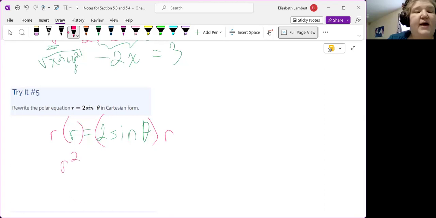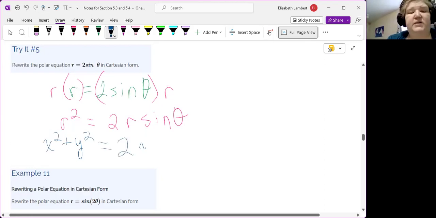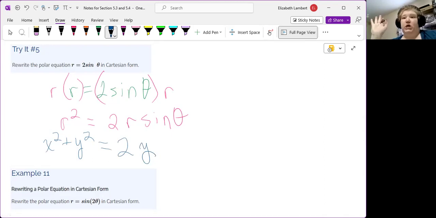So now I have r squared equals 2r sine theta. And now those look a little more familiar. R squared, that is x squared plus y squared. And over here, r sine theta is y. Done.